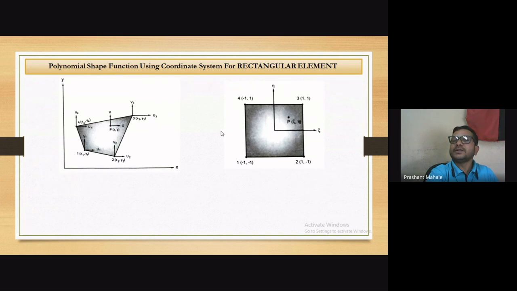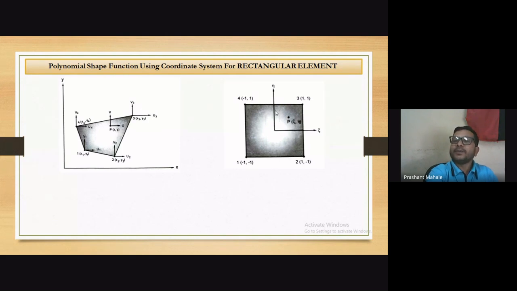You can consider this center line and this vertical center line as the references, and you can consider the values right to the vertical are positive, left to the vertical are negative for zeta. You can see zeta is negative for 4 and 1 and positive for 3 and 2. Similarly, you can consider a horizontal line from center.